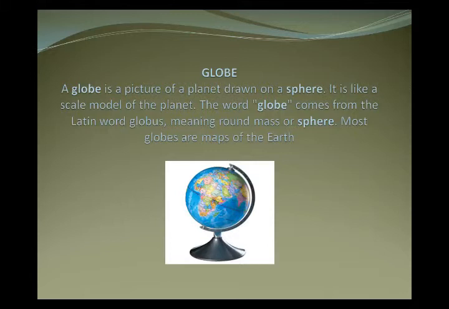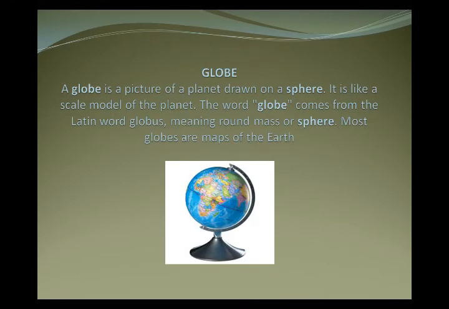The complete form of BC is before Christ. The oldest surviving terrestrial globe was crafted by Martin Behaim in 1492. The oldest surviving celestial globe sits atop the Farnese Atlas, carved in the 2nd century Roman Empire.